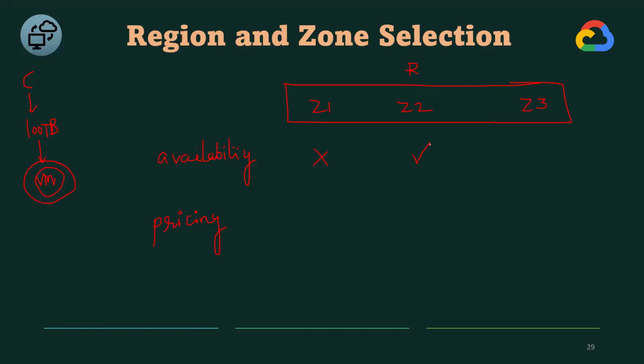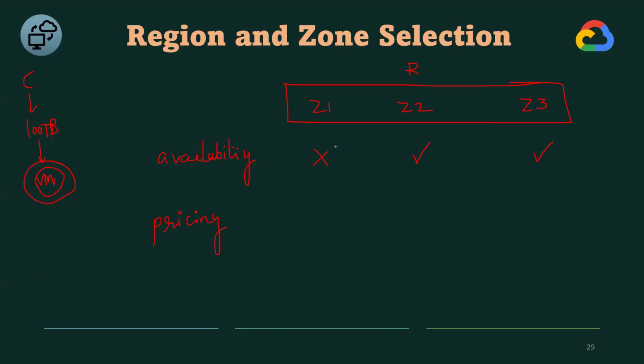If it is available, I want to deploy it here. Now see, when you think about creating VM resources in 3 zones, out of 3 zones, 2 zones have the VM resources, and in one of the zones you do not have the VM resources. And the next point, pricing.